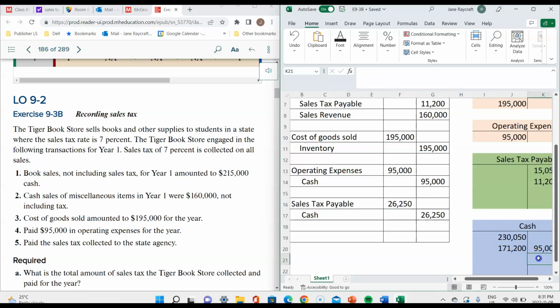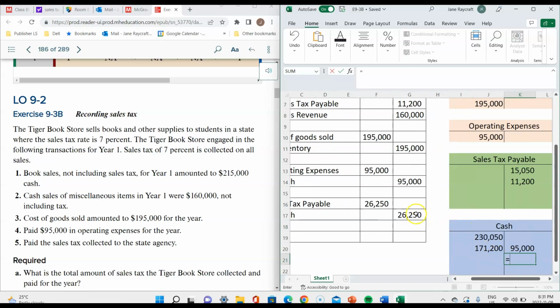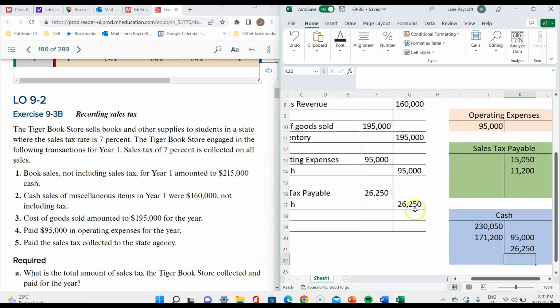So again, that's getting subtracted out of cash. This gets subtracted out of my sales tax payable.